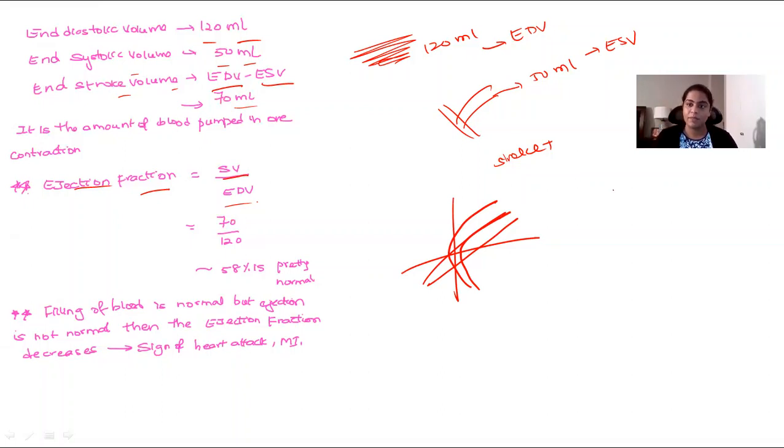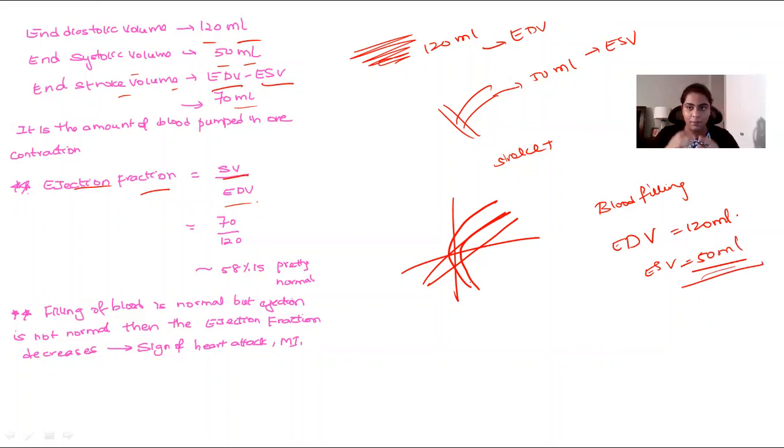But what happens in certain patients is, when they're exercising or all of a sudden they get a heart attack, the blood filling is normal. That is the diastolic volume. End diastolic volume is 120 ml. But if the end systolic volume of 50 ml doesn't happen, the patient will directly have a heart attack.